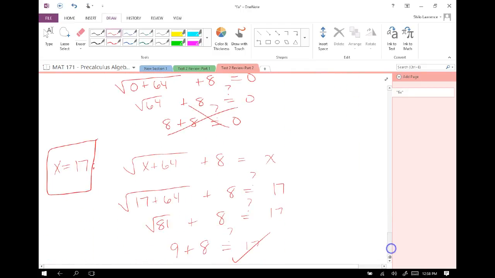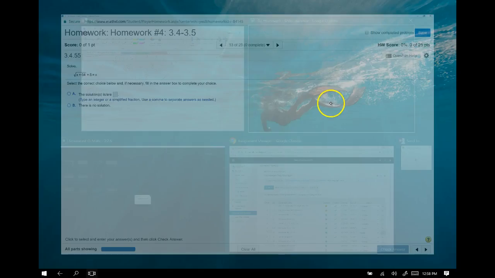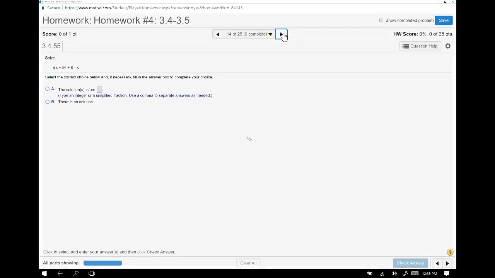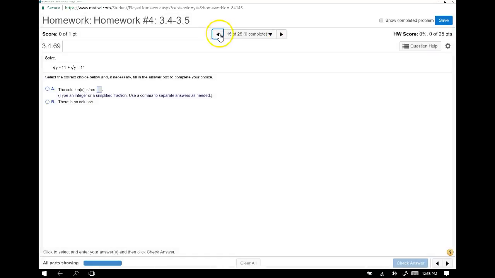I'm going to do one more of these because in your homework you had some that had two radicals in them. And when you have two radicals, that just means you have to repeat this isolate and square process twice. So I'm going to do this one.